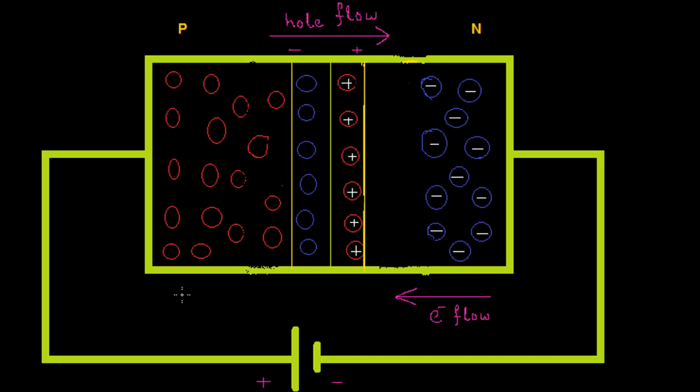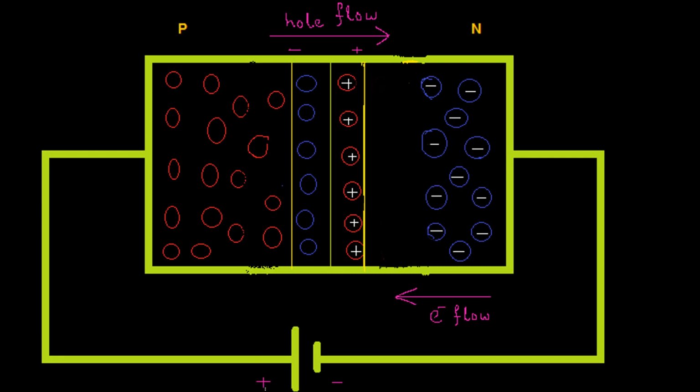So let us understand the forward bias condition better with this diagram. As you can see here, the positive terminal of the diode is connected with the positive terminal of the battery, and the negative terminal of the diode is connected with the negative terminal of the battery. On the p-side of the diode there are holes, and on the n-side there are electrons.